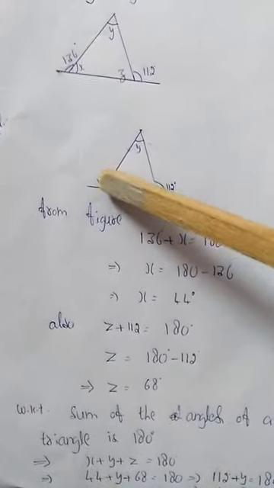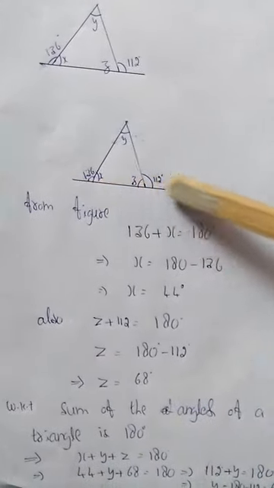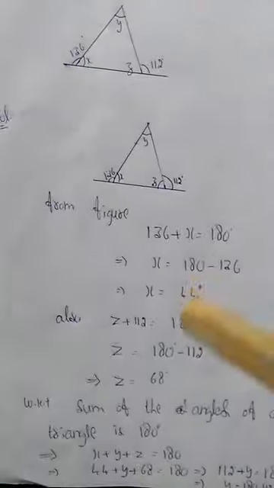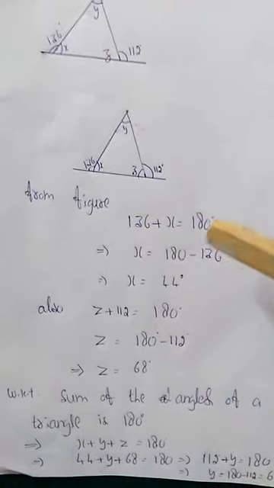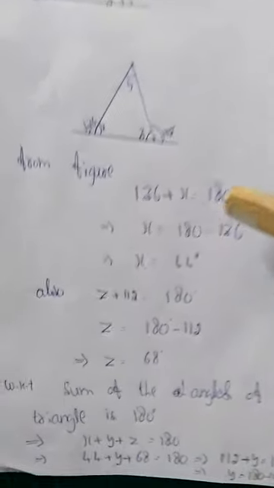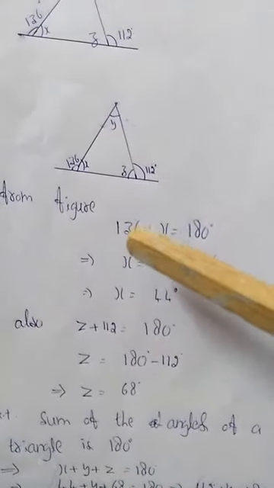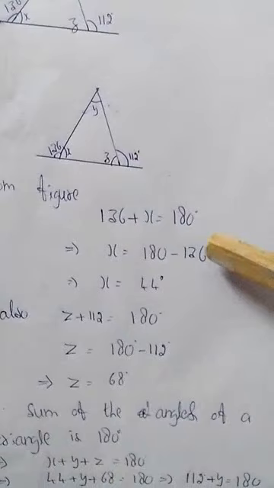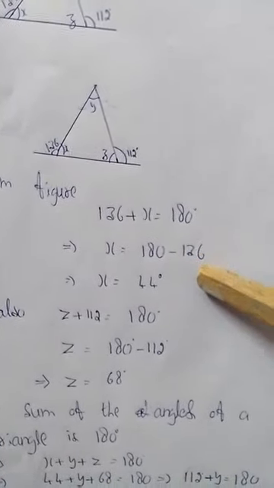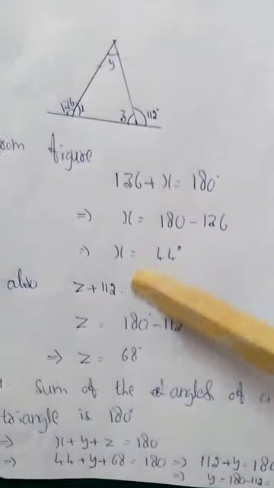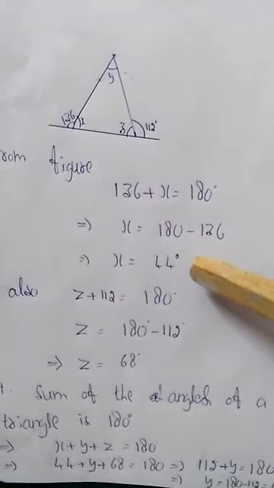Look, 136 plus x, clearly it is a straight line. The straight line will make a straight angle here. So we can say 136 plus x is equal to a straight angle. Straight angle means 180 degrees. Then 136 transposed to the right hand side becomes minus 136. Then x is equal to 180 minus 136. Then x is equal to 44.